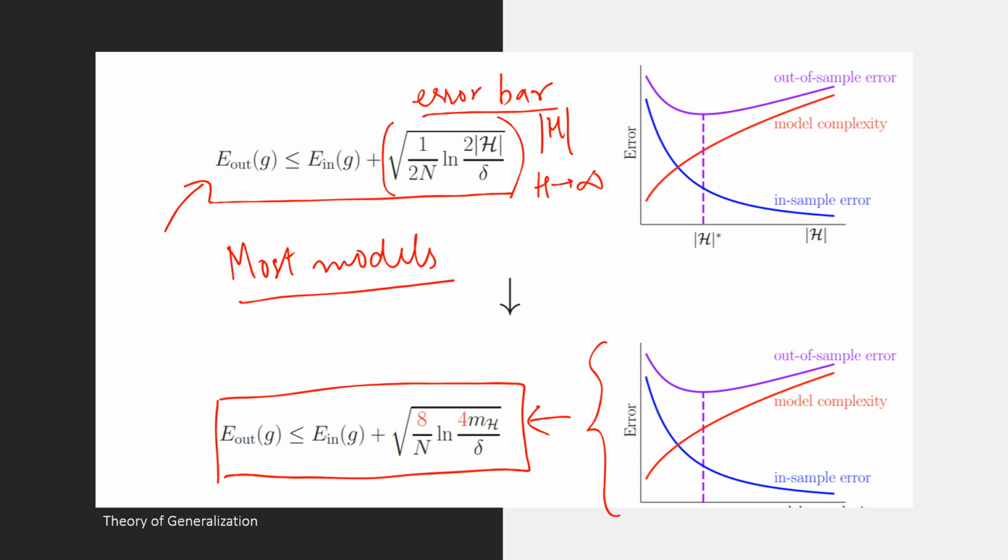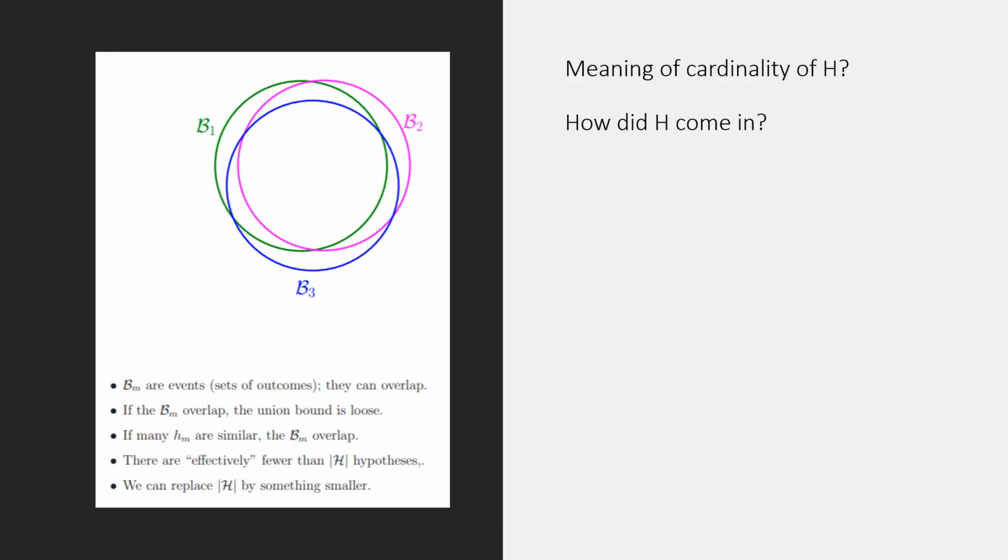Okay. So in order to arrive at this, we need to go back a little bit and understand how we derived our H and how we came up with this. Going back, meaning the cardinality of H, essentially we are looking at this. Now, if you remember how we started with this, we said that the disjunction of all bad events will be guaranteed to have this.